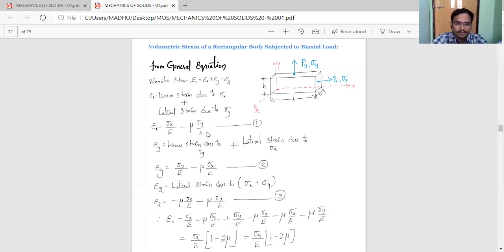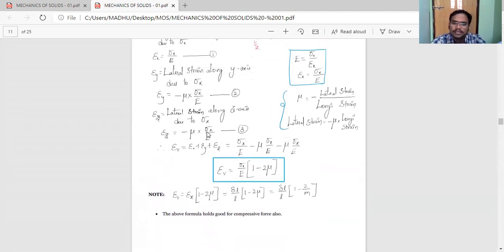Again we will see how the relation goes. The Poisson's ratio mu is equal to minus lateral strain by longitudinal strain, so lateral strain is equal to minus mu into longitudinal strain. We should remember this.